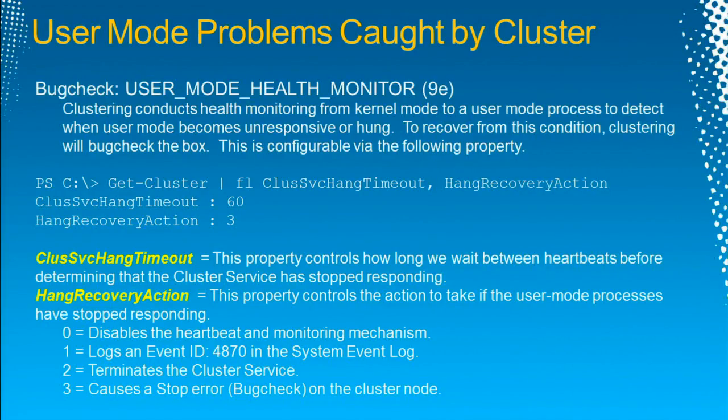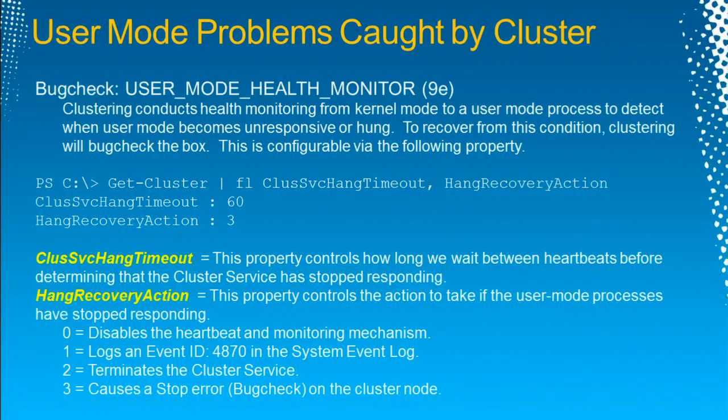It'll show in the dump that cluster created the bug check, but cluster wasn't the problem. It was something else. Okay, so you have to start using general hang debugging if you get into debugging. Do we have exclusive locks? Do we have anything that's blocking other threads?